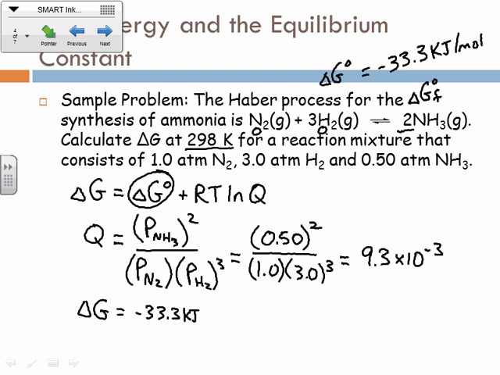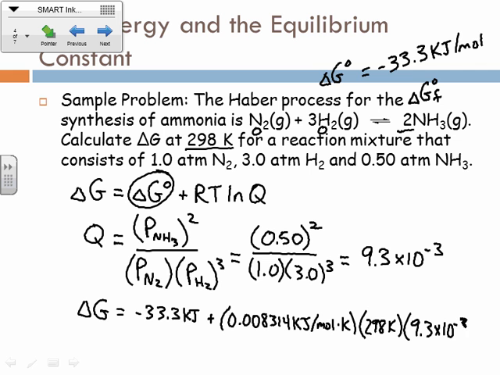Plus the R, which we just said was 0.008314 kilojoules per mole times Kelvin. And then we multiply that by our T, which is 298 K. And then we multiply that by our Q, which is unitless, 9.3 times 10 to the negative third.